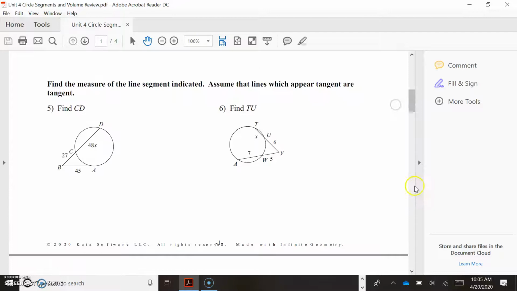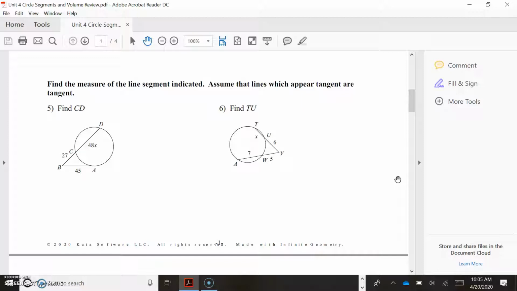Oh, I'm not following the rules here. This is why this didn't work out, and I didn't even notice here in number 5. So in number 5, I'm supposed to find CD. Stay with me here. CD is this part. I'm just going to make myself some notes here so I can go back and do what I'm supposed to do. 6, I'm supposed to find TU. TU is this part here.